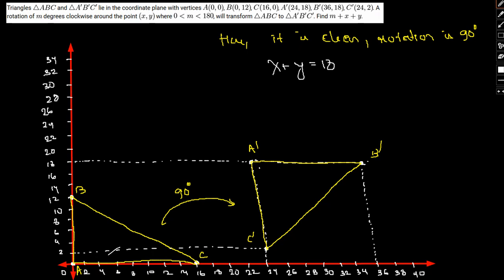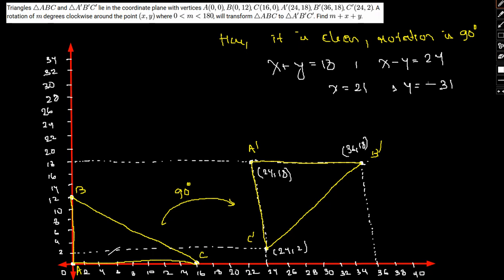This one is 24, 18, this one is 36, 18, and this one is 24, 2. So x plus y is 18, and x minus y comes out to be 24. If you solve this, we get x equal to 21 and y equal to minus 3.